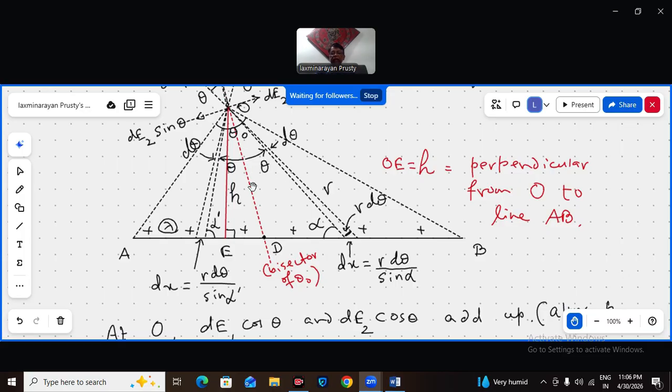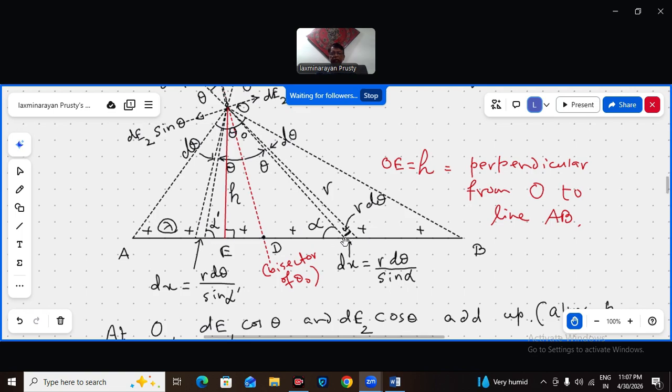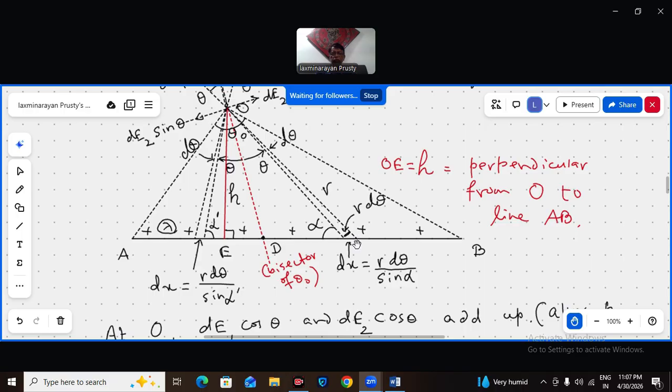So this is the bisector line. About this, theta naught by 2 to the right, and theta naught by 2 to the left, both are there. I am taking at angle theta from the bisector a d theta element, and that is leading to dx on both sides, but the length will be different.